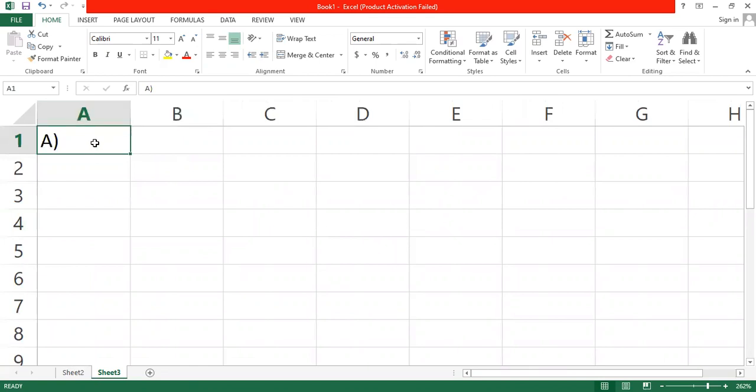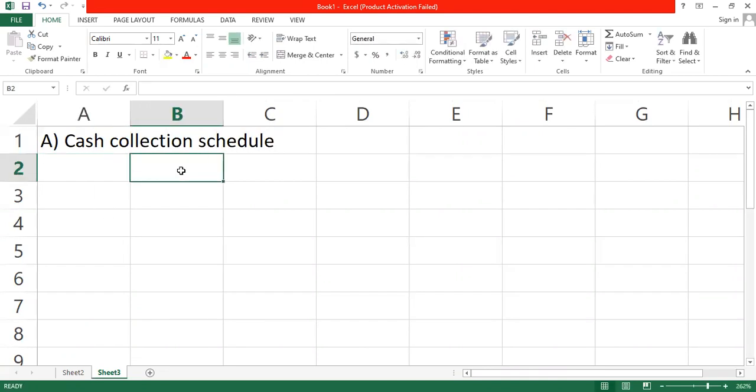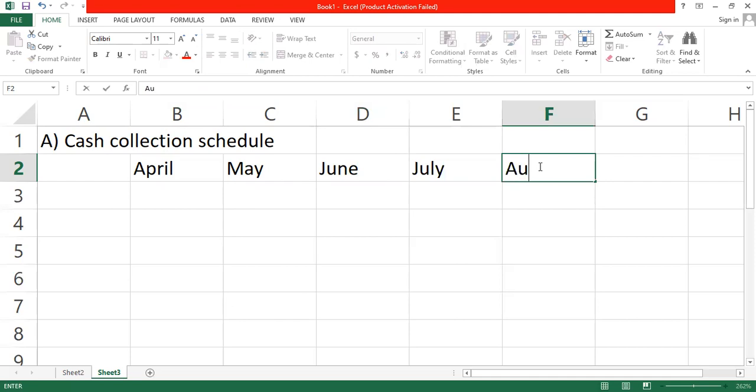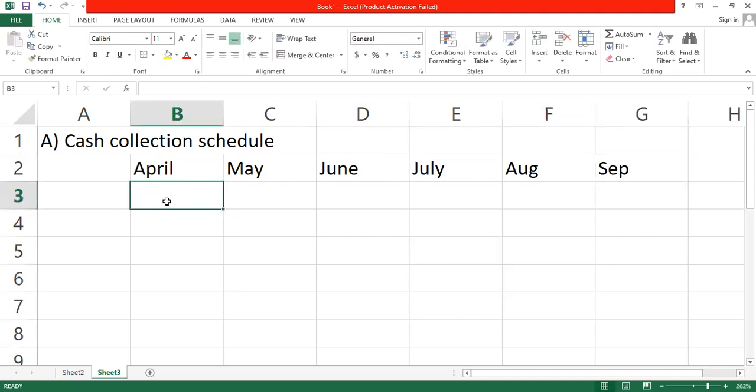So A is cash collection. What months are we using? April, May, June, July, August and September.